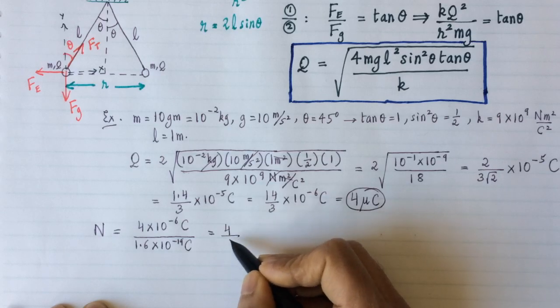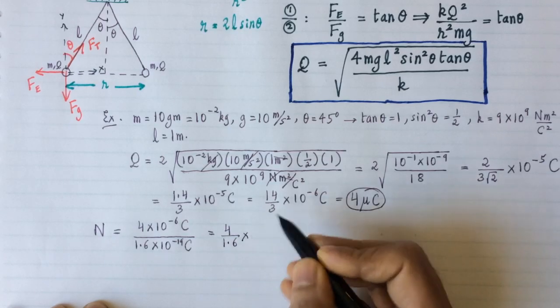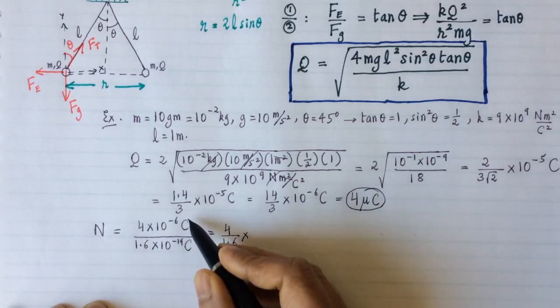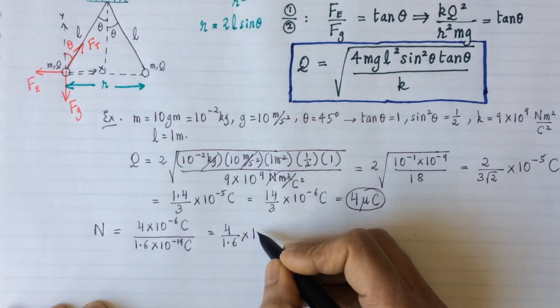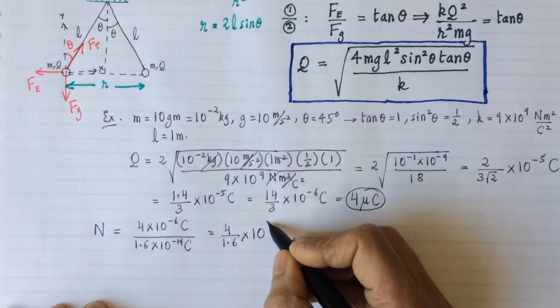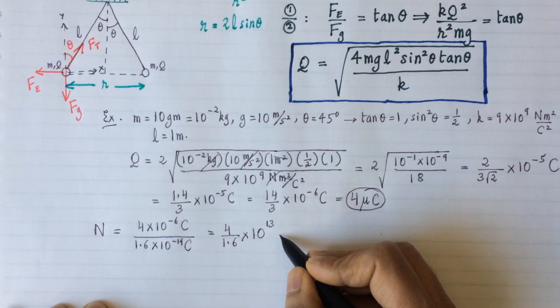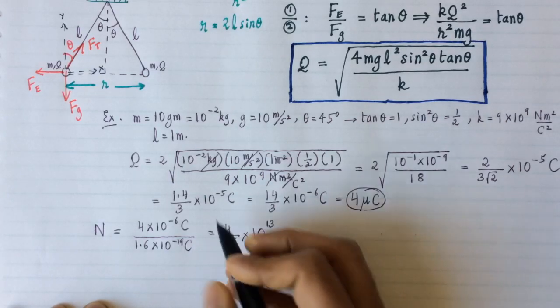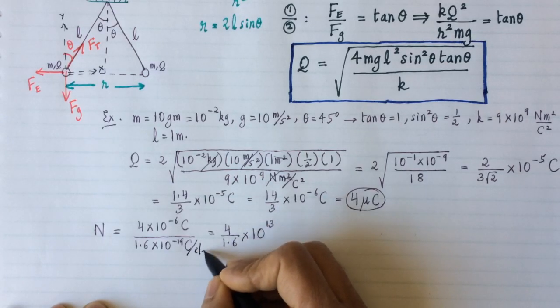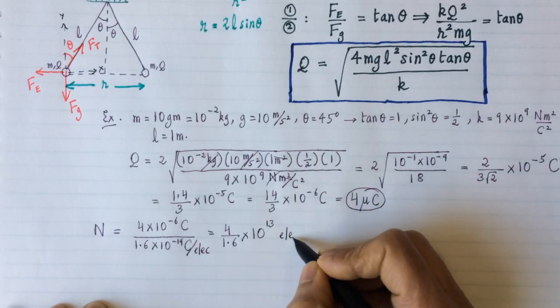So I'll get 4 over 1.6 times 10 to the minus 19, which when it goes upstairs becomes 10 to the positive 19 minus 6, which is 10 to the 13. There are no units; this is actually coulomb per electron, so the units are going to be electrons.